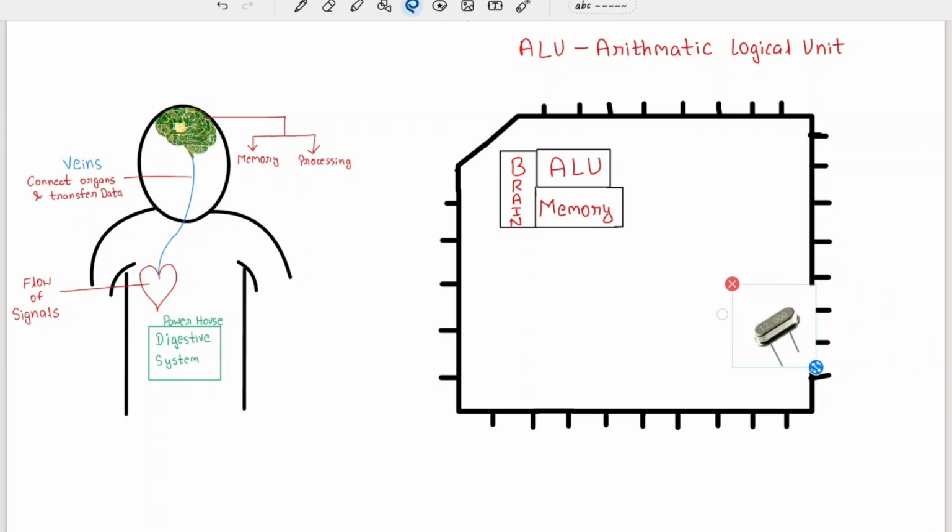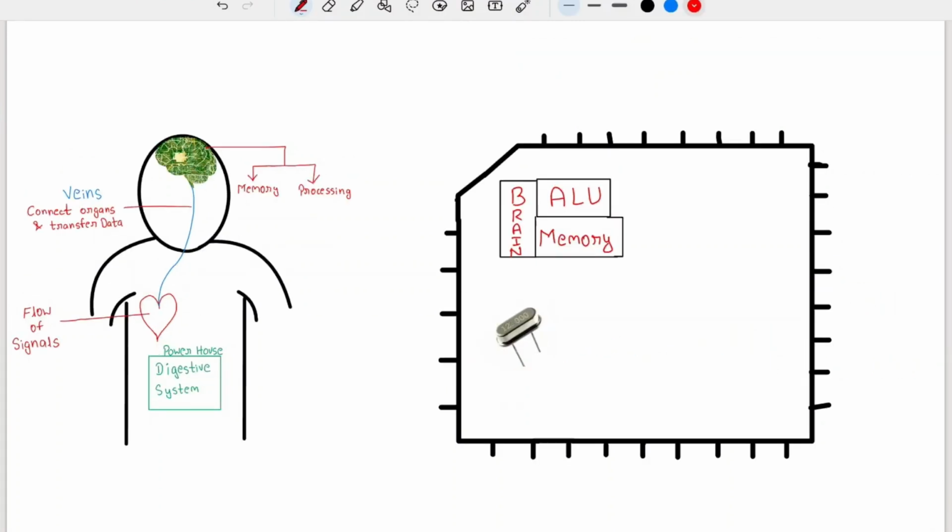The second most important part is the clock. Here the clock is provided as inbuilt or using an external oscillator. The clock is like a square pulse which keeps on shifting from logic 0 to logic 1 and vice versa. Because of this square pulse, data shifting takes place between the ALU and the memory. Also, the ALU is able to do the processing and transmit the data throughout the microcontroller.